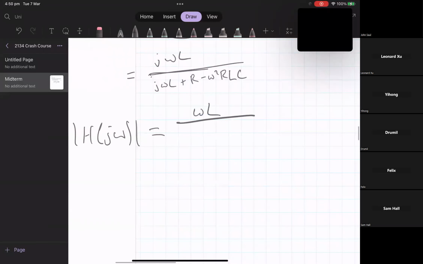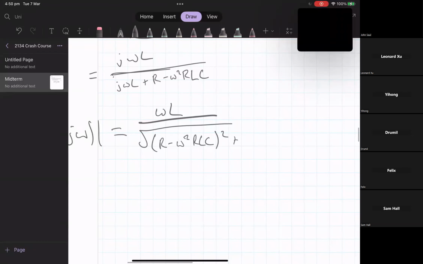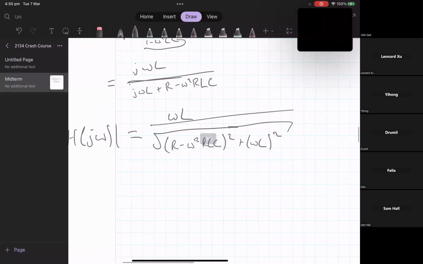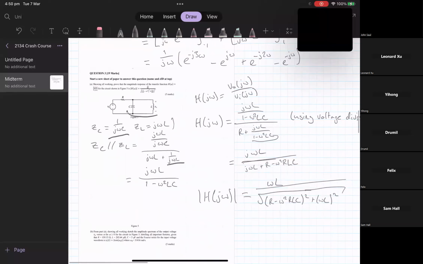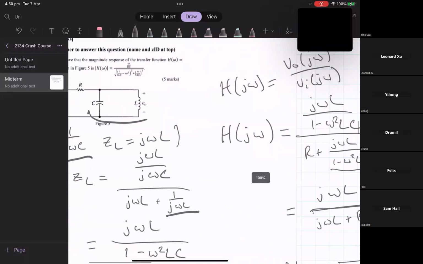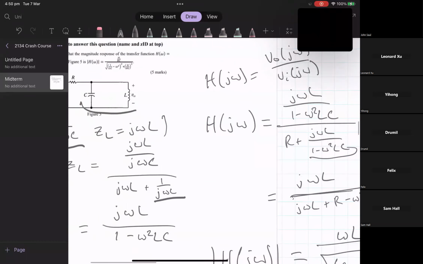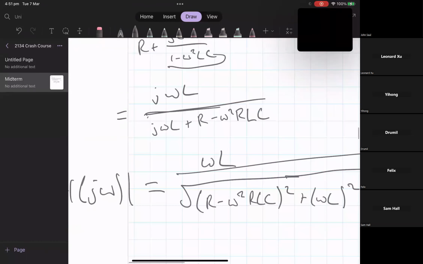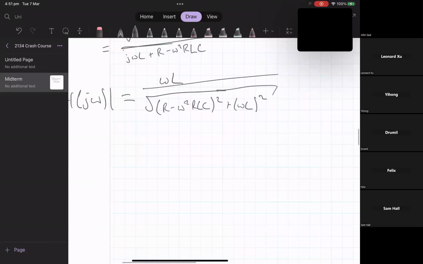And then on the bottom, we have square root minus omega squared RLC, which is our real part squared, plus our imaginary part omega L squared. Does that match what they wanted? Oh, okay, they've done it in terms of RC in the top. Okay, so we'll divide everything by RLC to get their solution.